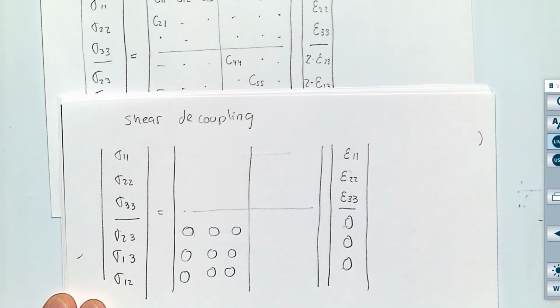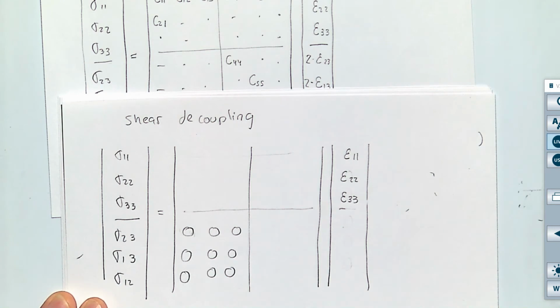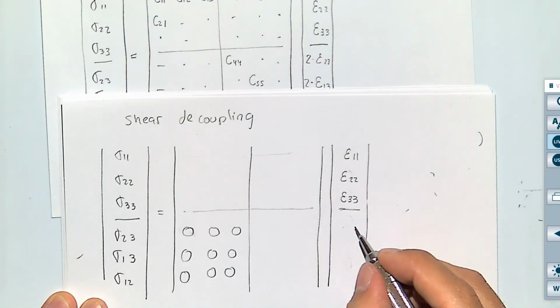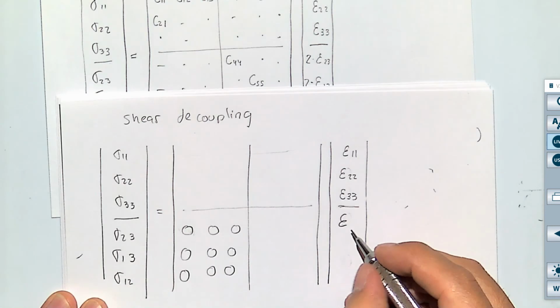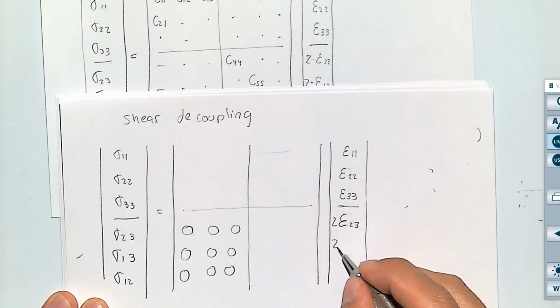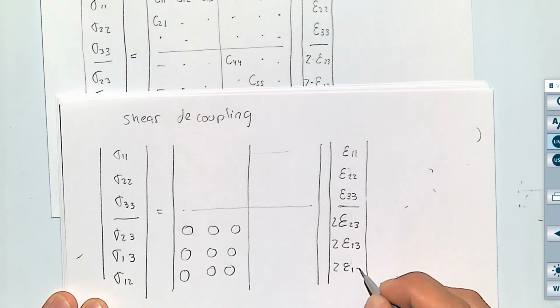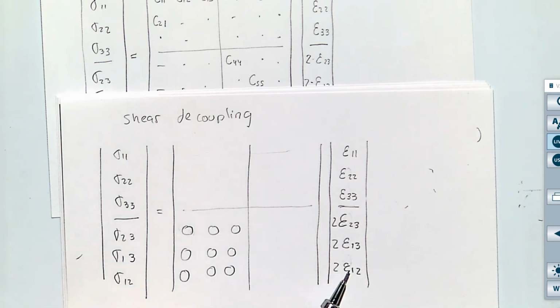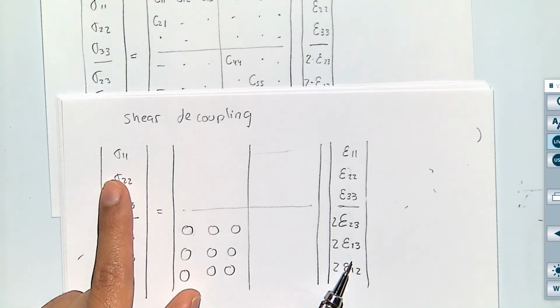And in the same way, if I have, or if I prescribe a shear strain, this is 1, 3, there is no way that that shear strain is going to produce a normal stress.